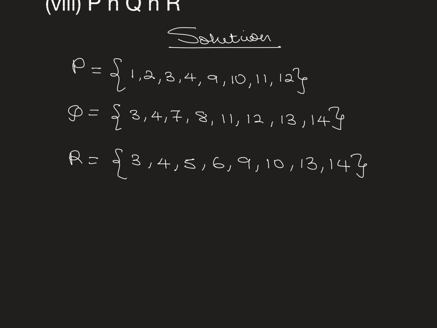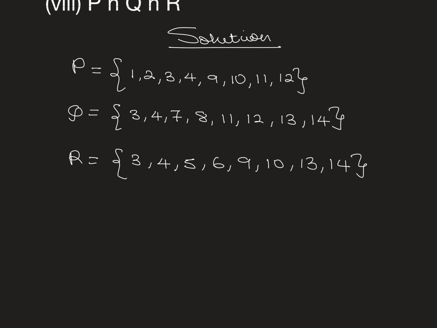The first question that you have to ask yourself is, are there numbers that are common in all the sets? And if you look at it, we have 3 and 4 in all the sets. So which means these 3 sets do have a common intersection.